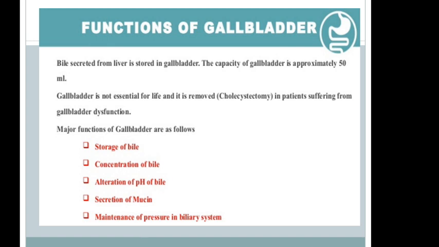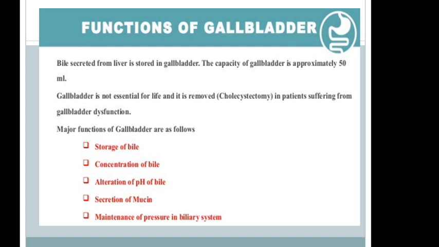normally while in fasting condition there is a pressure of 7 cm H2O in the biliary system. At this pressure, the sphincter of Oddi is closed, and because of this pressure, bile enters from the liver into the gallbladder and is stored in the gallbladder as well as concentrated in the gallbladder.